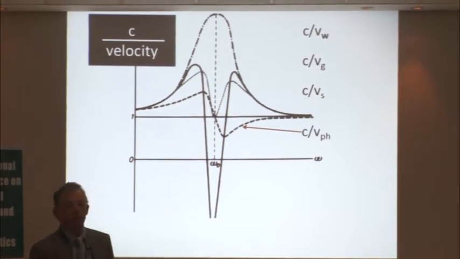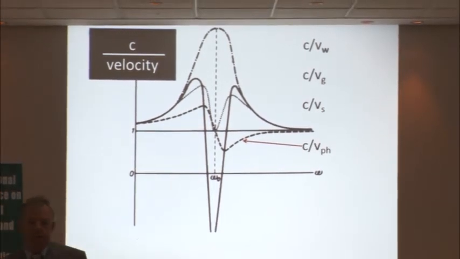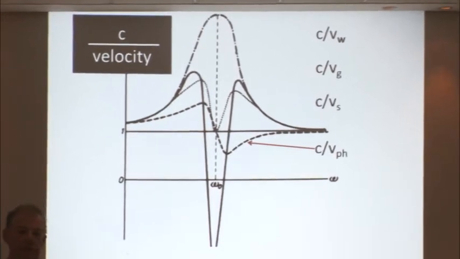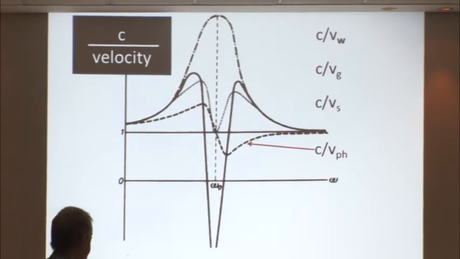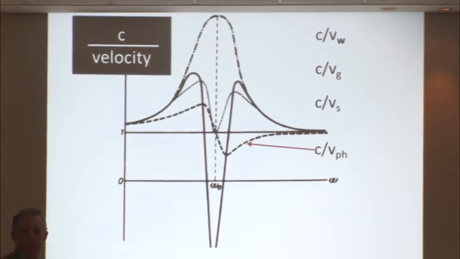This is the original graph presented by Sommerfeld and Brillouin, where they showed the different types of velocity in connection with the classical oscillator, the Lorentz-Lorenz oscillator, the interaction of an electromagnetic wave like light with such a dipole.